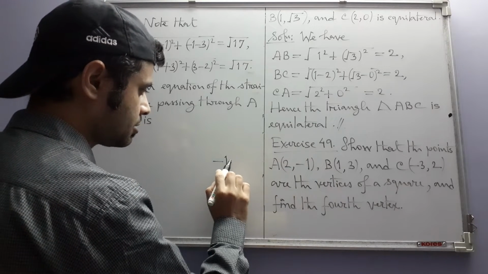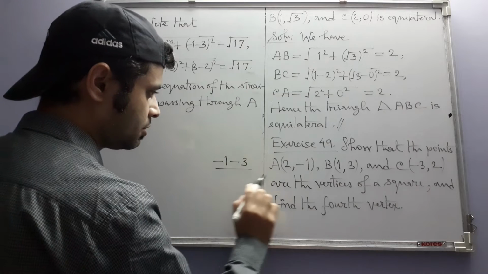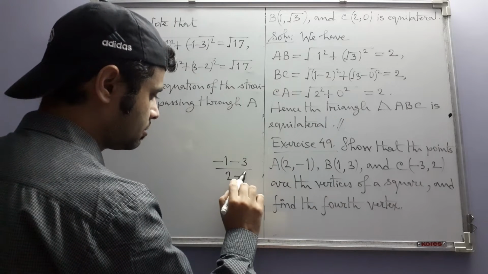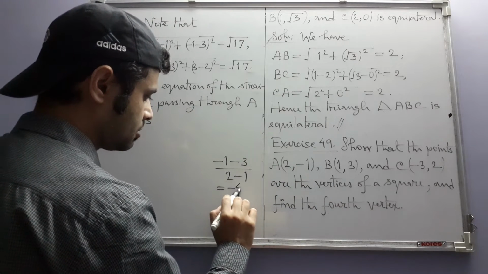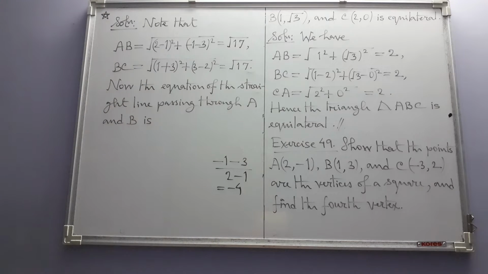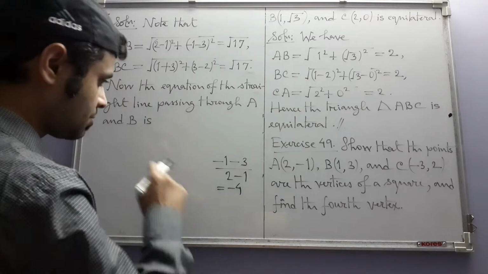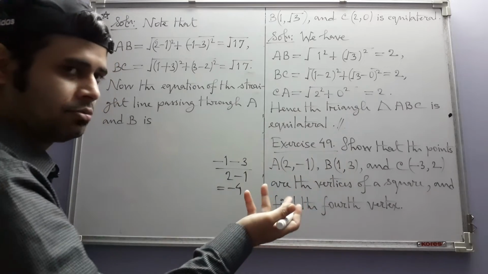So it is (minus 1 minus 3) divided by (2 minus 1). That means the slope is minus 4, and since the line is passing through, you can use any one of these 2 points.